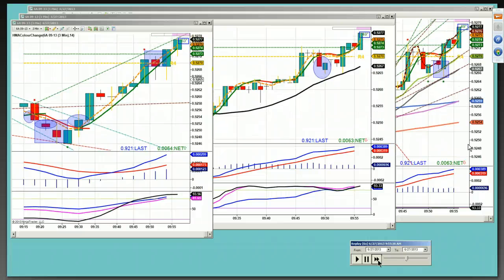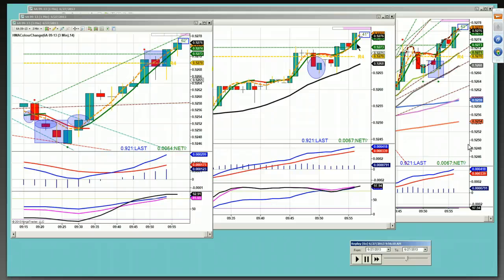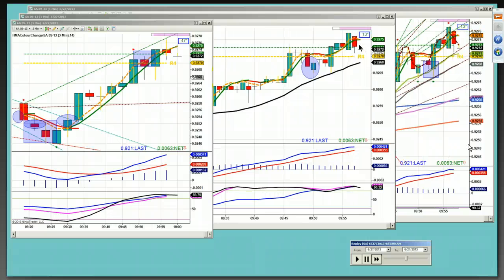You see, as long as the 3-minute is still staying in the direction of that HMA, we are still in the trend long. Now, watch the 1-minute. The 1-minute is going to go south of the HMA, the majority of the candle body. Now you're looking to do your counter trend.